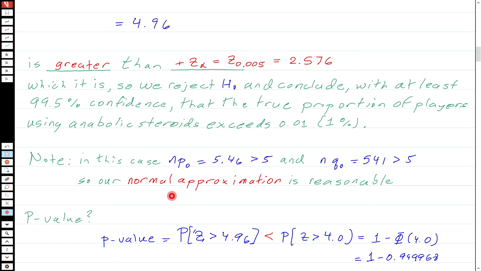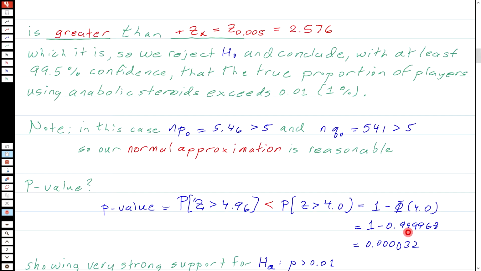The p-value is the probability that, if we were to repeat this experiment, we'd see a test statistic at least this big in the direction of HA. HA is greater than, so I put the probability that Z is greater than 4.96. If I look in the tables, I see my normal distribution tables only go up to 4. The probability that Z is greater than 4 is 1 minus phi of 4, 1 minus 0.99997, which is a very small number, 0.000032.